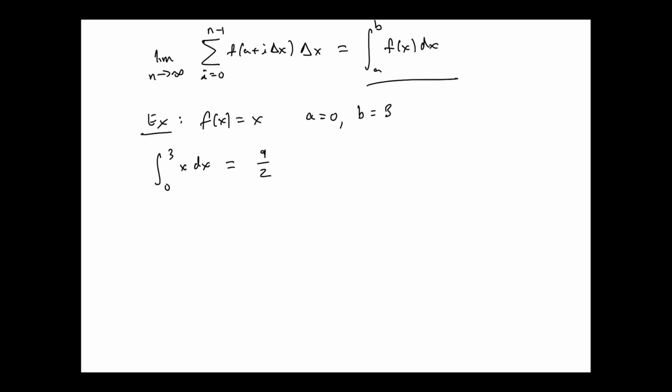The setup I need, of course: delta x we said was b minus a over n, and in this case that's just 3 over n. That's the width of each of our rectangles.